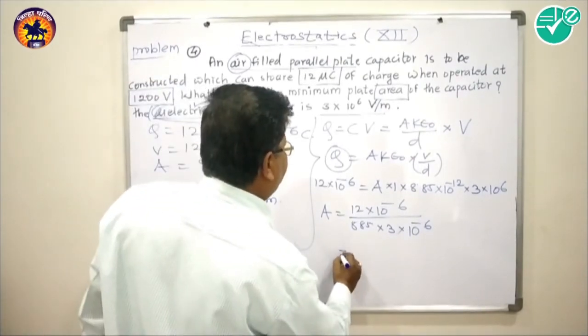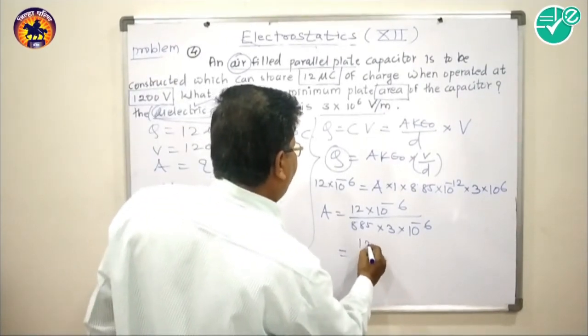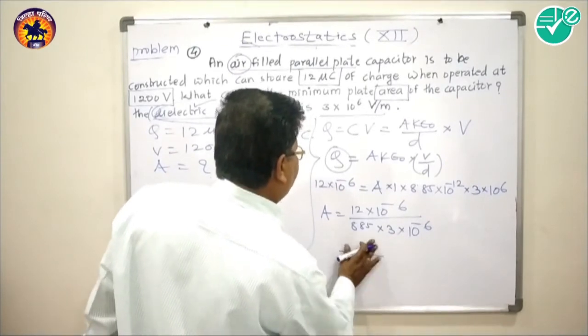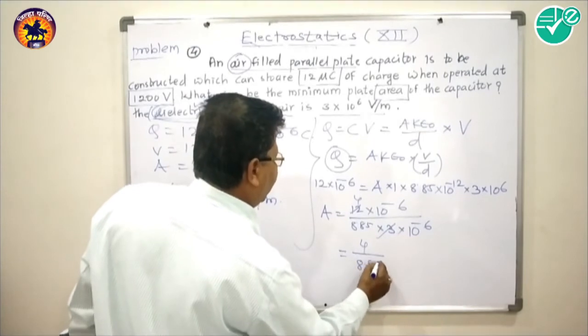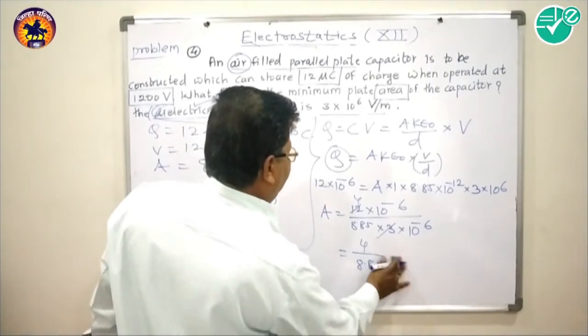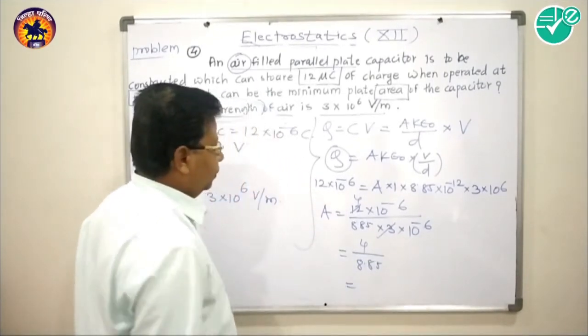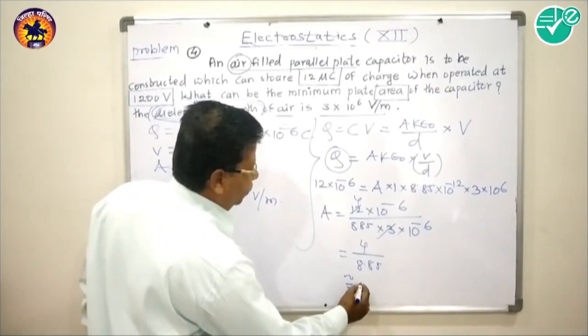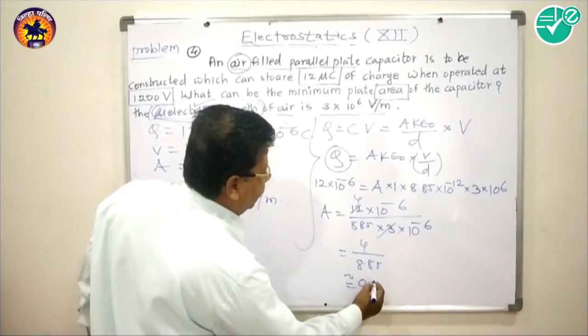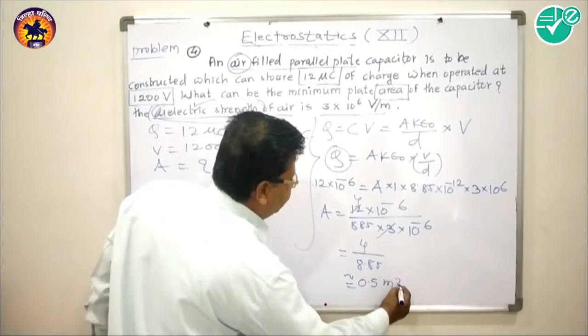And this is equal to 12 divided by, or it is equal to 4 divided by 8.85, which is approximately equal to 0.5 meter square.